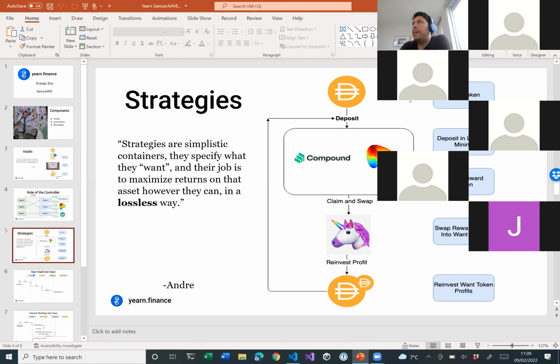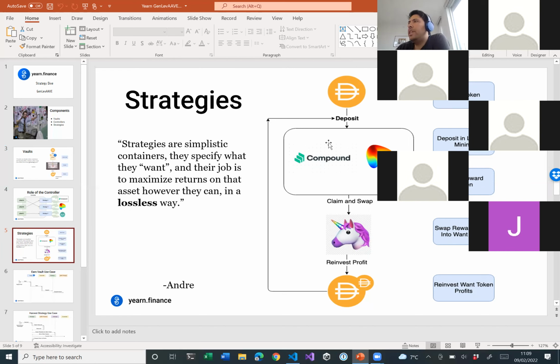Each strategy has one token that it's trying to get more of by doing whatever the strategy is doing. Here the want token is DAI. You would deposit that into the DAI vault, and then the vault would go out and do something with it. For example, it could deposit it into Compound so that it can be lent out on your behalf.